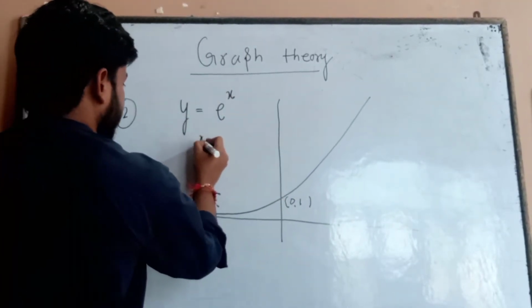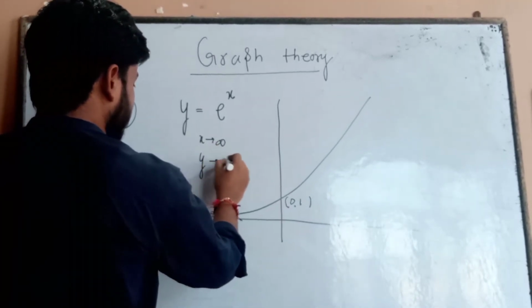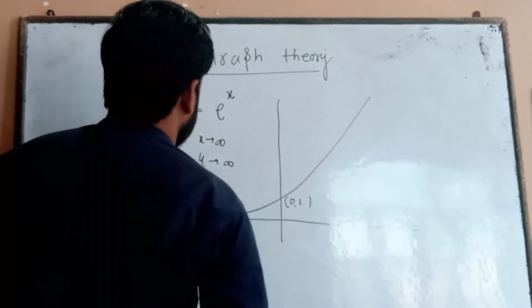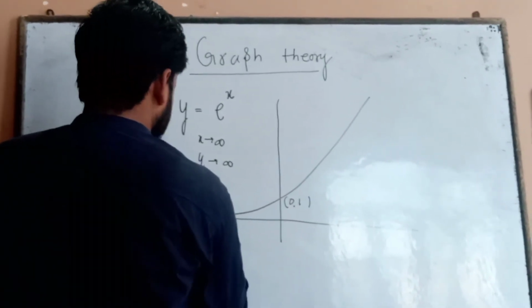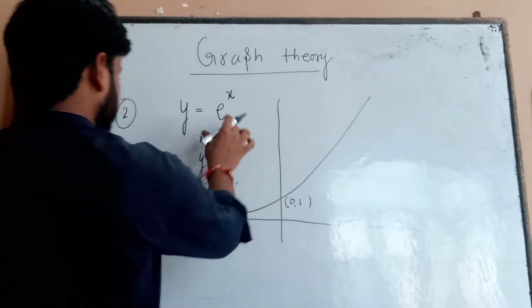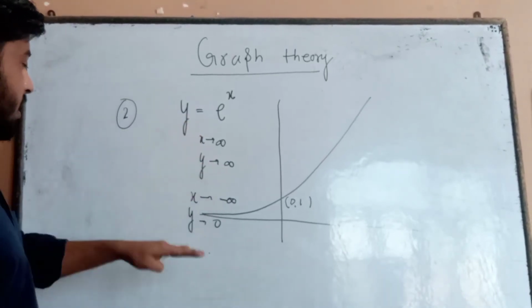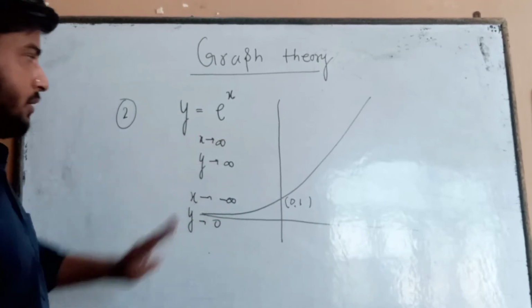When x tending to infinity, y tending to infinity also. And x tending to minus infinity, y tending to 0. So these two limits, when x tending to infinity, y tending to infinity, and when x tending to minus infinity, y tending to 0, are most important.